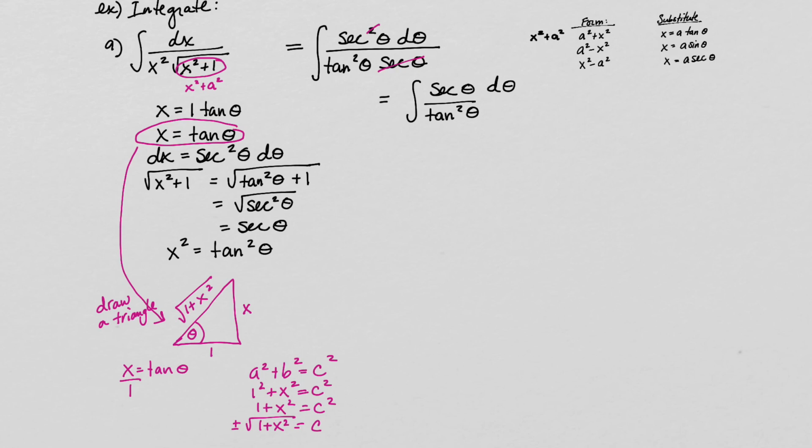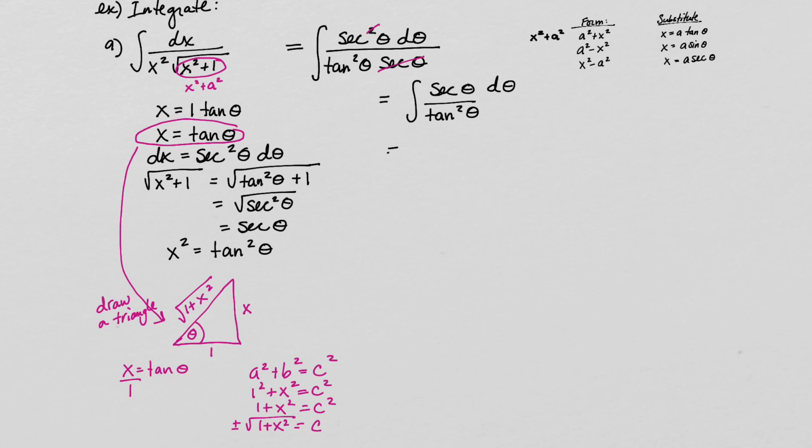Now, unfortunately, secant theta over tangent squared theta is not something that I just know how to integrate. So if I have a bunch of stuff that's not sines and cosines, and it's all over the place like this, I change everything into sines and cosines. So that's what we're going to do next. We're going to rewrite this and change it into sines and cosines.